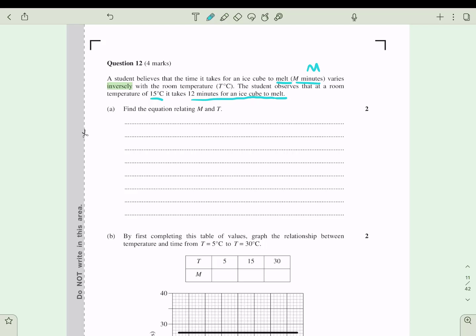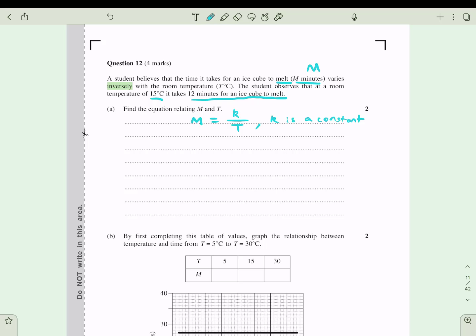So if something varies inversely, in this case m varies inversely with T, that means that m is equal to k over T, where k is a constant. Remember, this is an inverse relationship where T is a reciprocal compared to m.